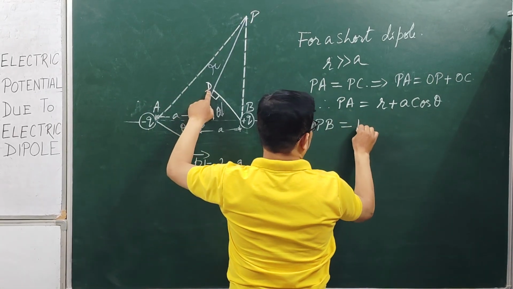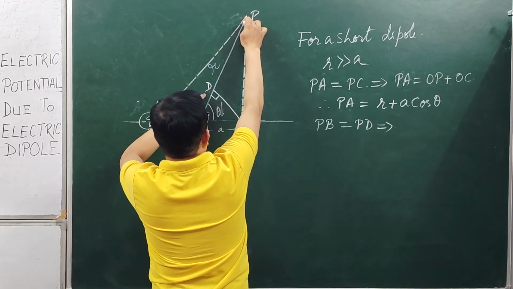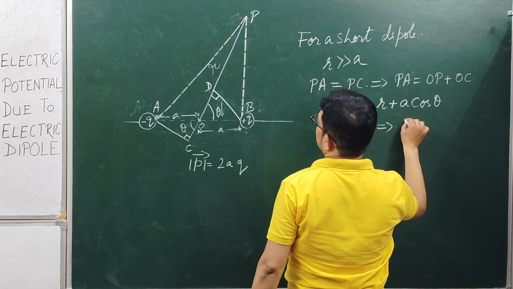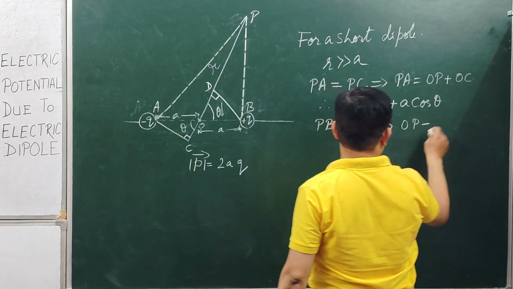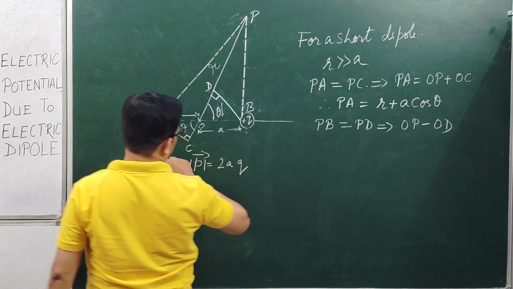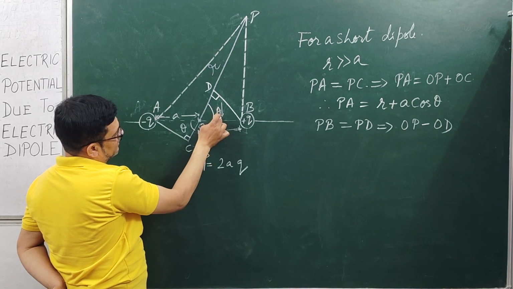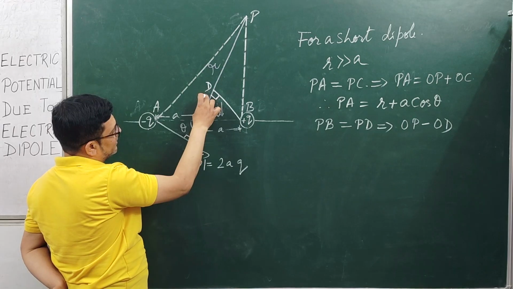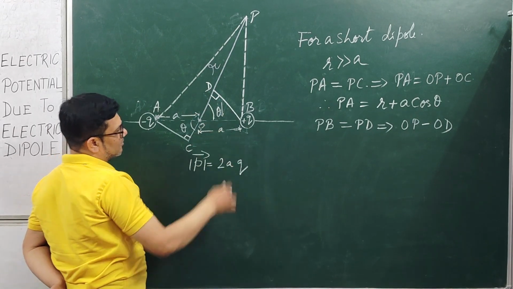So PB becomes PD, which implies that PD is equal to OP minus OD. Now in this small triangle, this is the hypotenuse. If you take cos theta, it is the base, OD, divided by A. So OD becomes A cos theta.